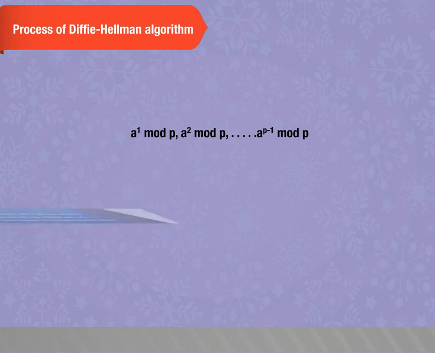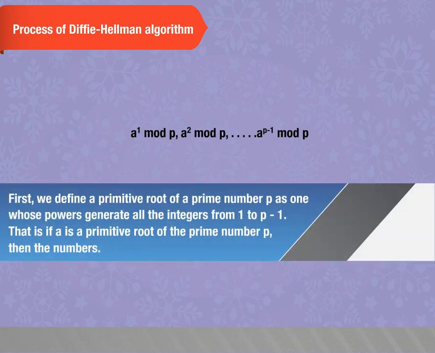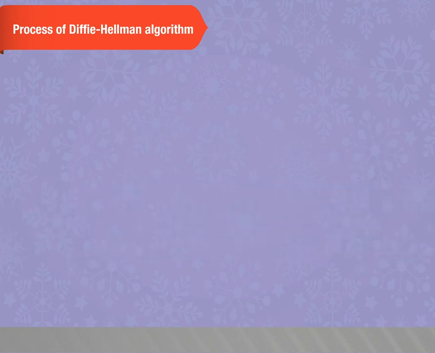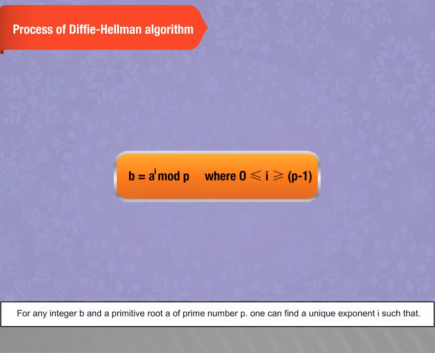First, we define a primitive root of a prime number p as one whose powers generate all the integers from 1 to p minus 1. That is, if a is a primitive root of the prime number p, then the numbers a mod p, a squared mod p, up to a to the power p minus 1 mod p are distinct and consist of the integers from 1 through p minus 1 in some permutation.